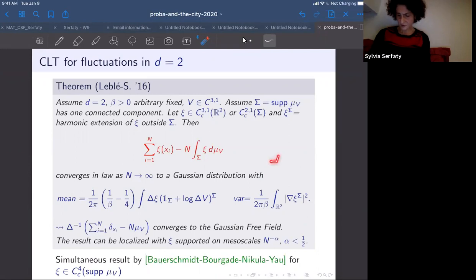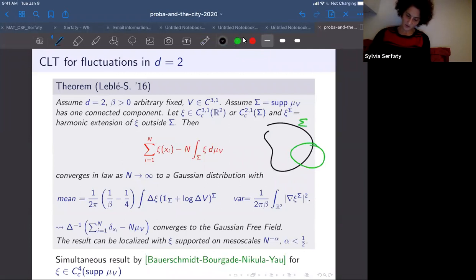And you can take test functions which are localized down on small scales. So in this result, we have down to mesoscales. And the support of the function could overlap the boundary of the support of the equilibrium measure. There was a very similar result by Bauerschmidt, Bourgade, Nikula, and Yau. But again, only down to mesoscales. So now things have improved a little bit.